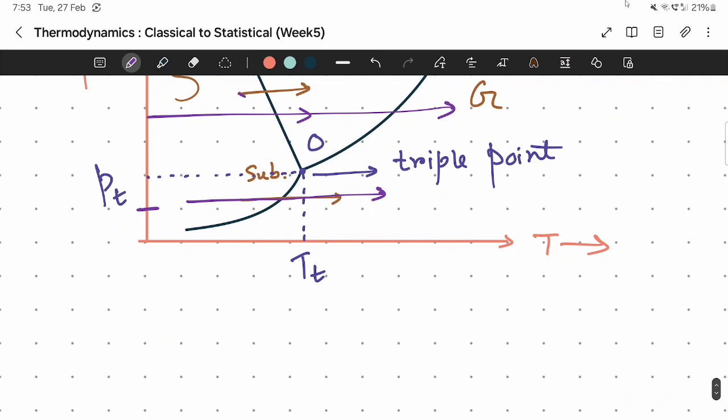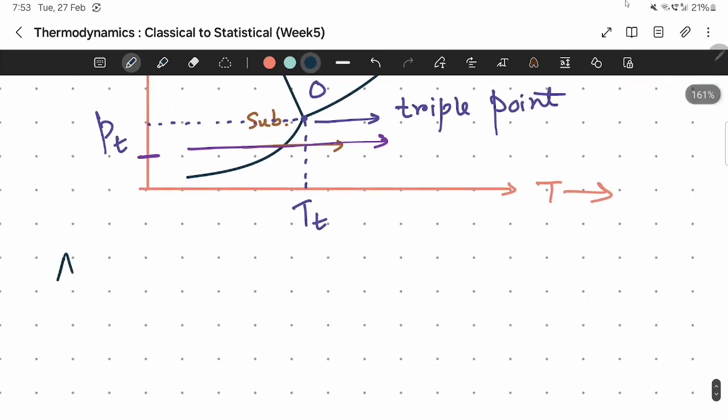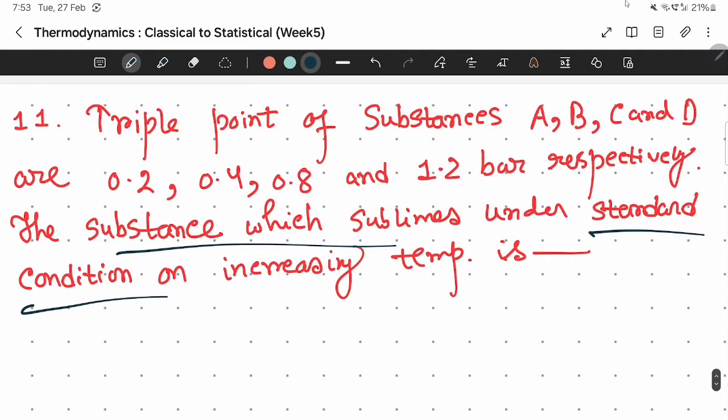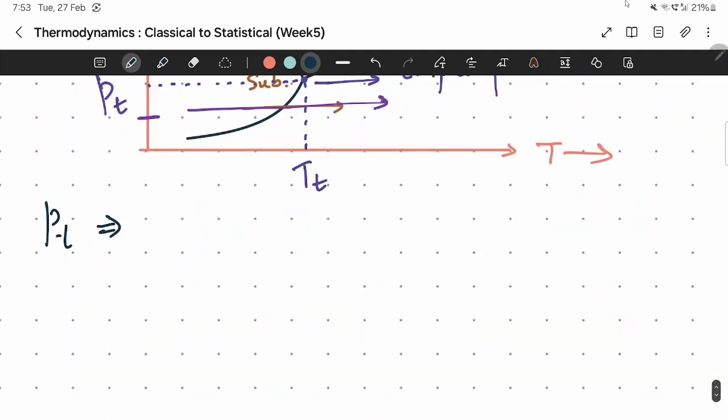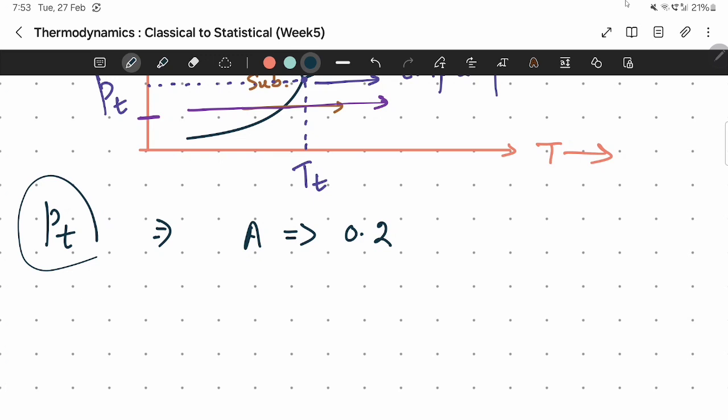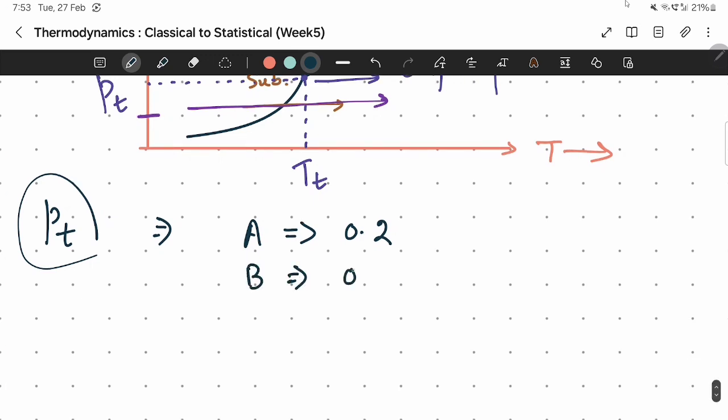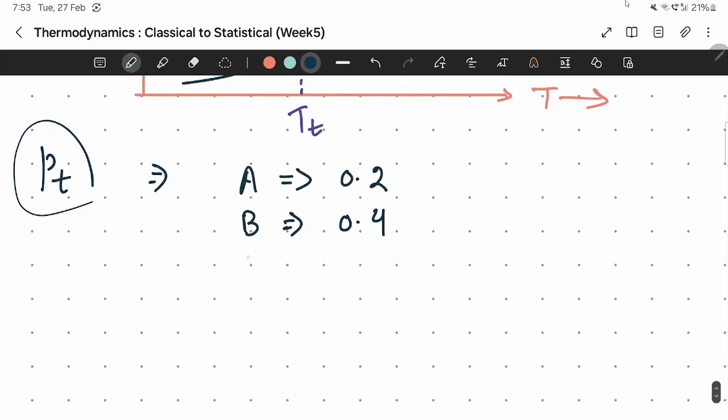So essentially, now the triple point for A is given. The pressure is given, 0.2. That means PT is given. For A, it is 0.2. For B, it is 0.4. For C, it is 0.8. And for D, it is 1.2.